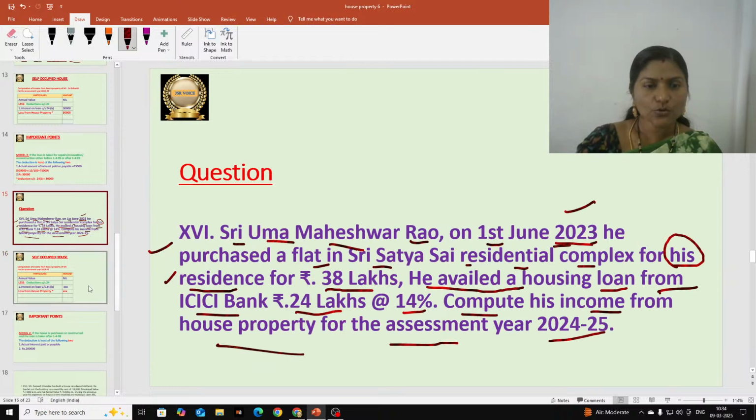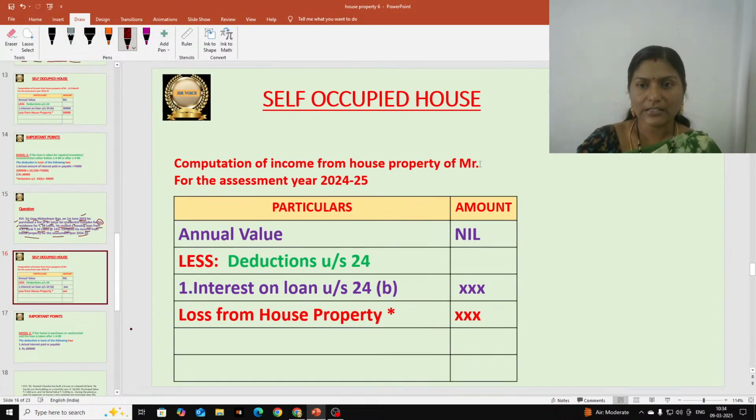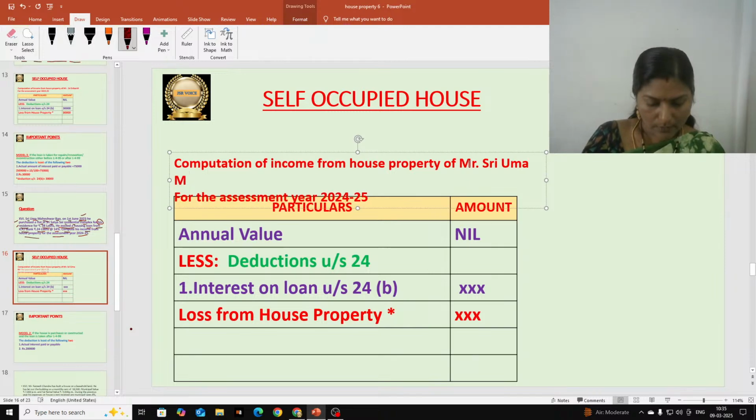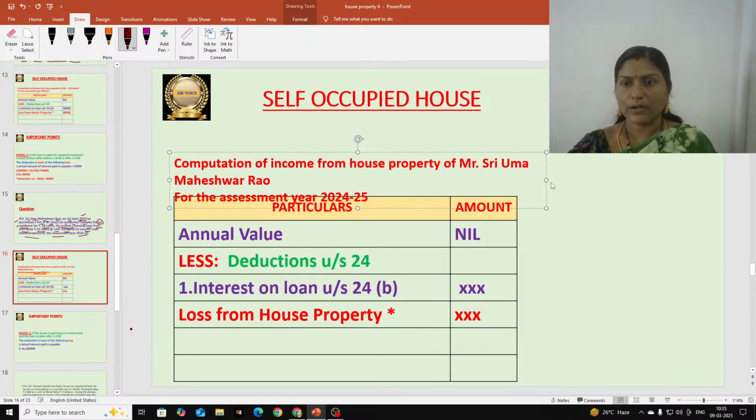Sri Uma Maheshwar Rao. Let us write the name of the assessee here. Sri Uma Maheshwar Rao is the name of the assessee.